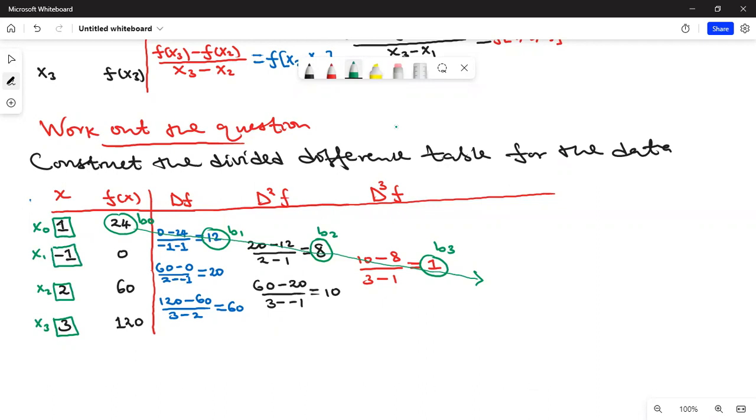Now, let's come up with a polynomial now that we know those constants.